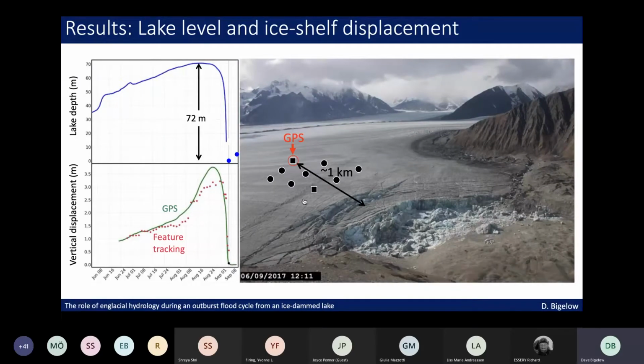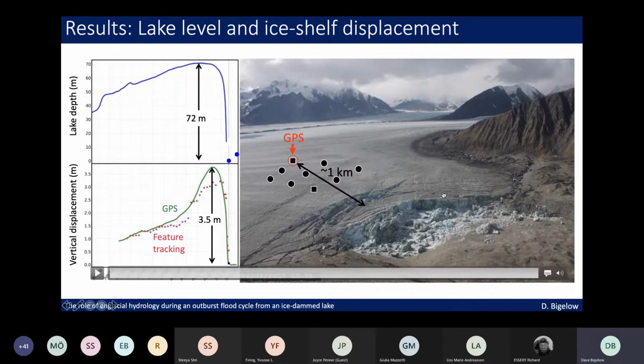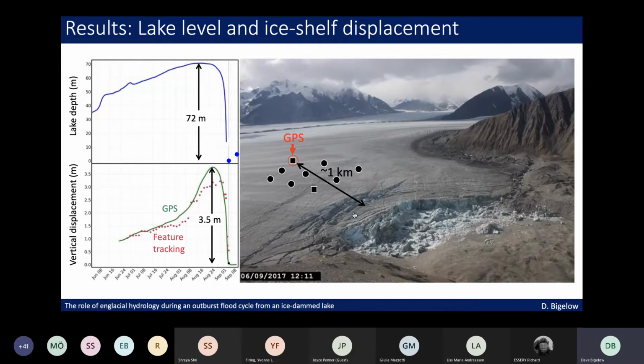The lake reached a maximum depth of about 72 meters before draining relatively rapidly, and further back from the ice shelf, we had a displacement of about 3.5 meters at this GPS station. And as you can see, the feature tracking software and the camera measurements do a fairly good job of representing the displacement measured by the GPS.